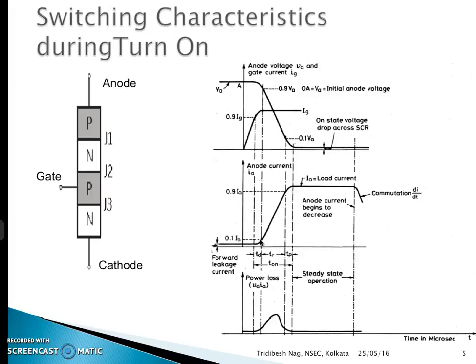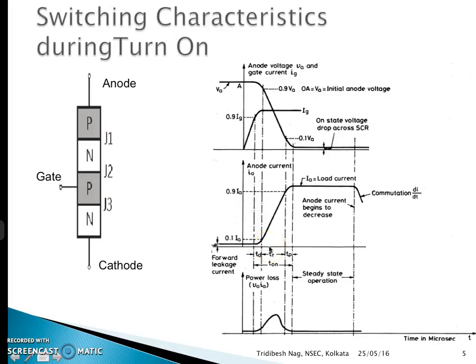The delay time may also be defined as the time during which the anode voltage falls from VA to 0.9 VA, that is 90% of VA, where VA is the initial value of the anode voltage.